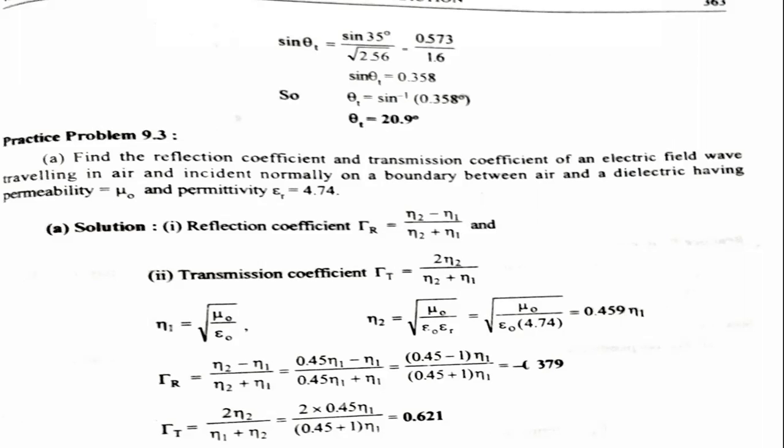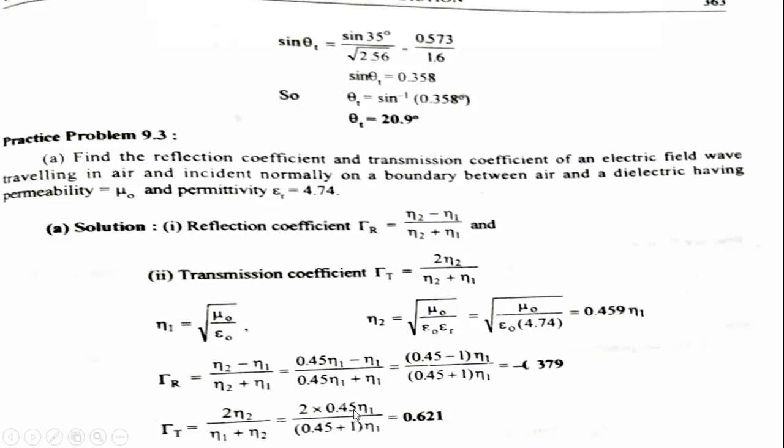So now tau r is equal to, substituting in the formula, definitely you will get minus 0.379. Here tau r and tau t are the reflection coefficient and the transmission coefficient. Tau t is nothing but 2 eta 2 over eta 1 plus eta 2.